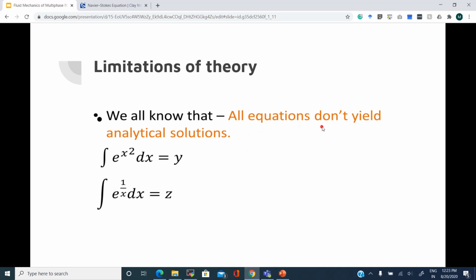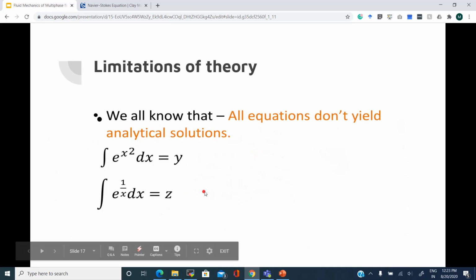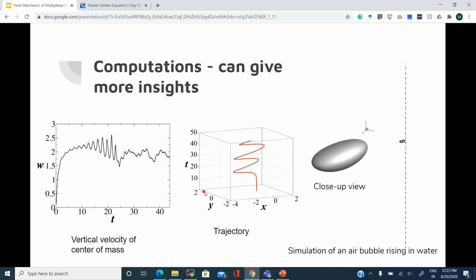So all the equations don't yield analytical solutions. For example, this integral here, e raised to the power x square dx. You cannot find an analytical solution to this integral. Similarly, this integral also you cannot solve. So if you get one of those integrals in the last step of your analytical work, you cannot solve it further.